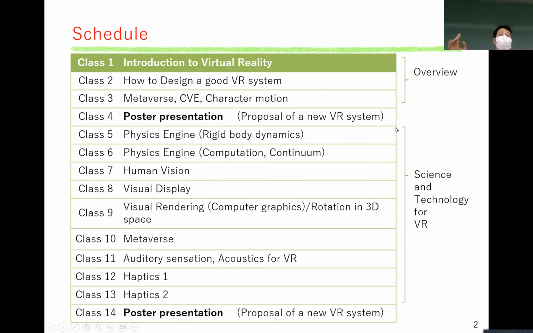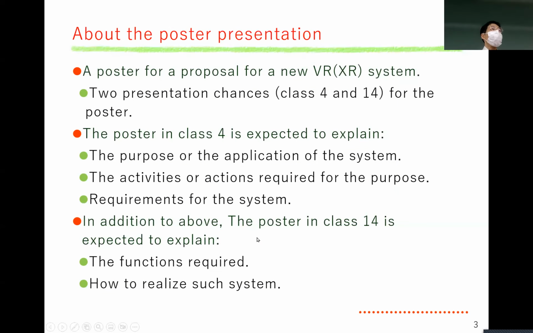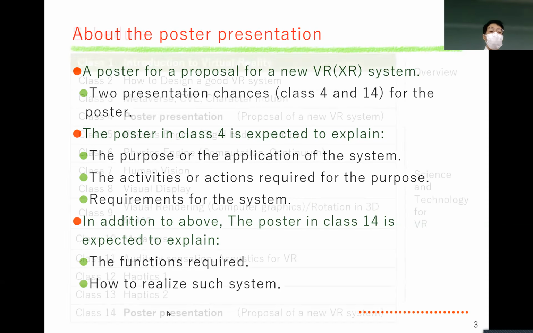So please use these technologies to realize your system. And then in the final poster, you can also write about the function that is required in the system and how to realize such a system. This realization requires, I think, these technologies.